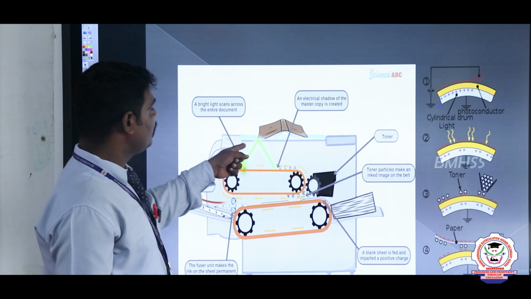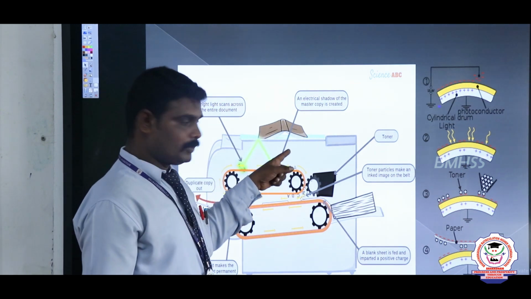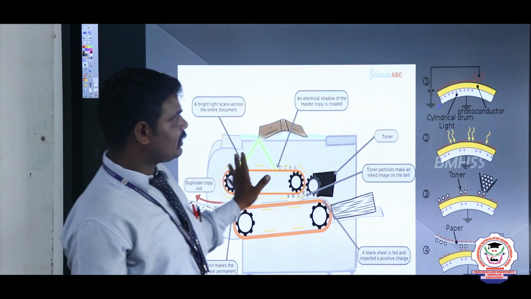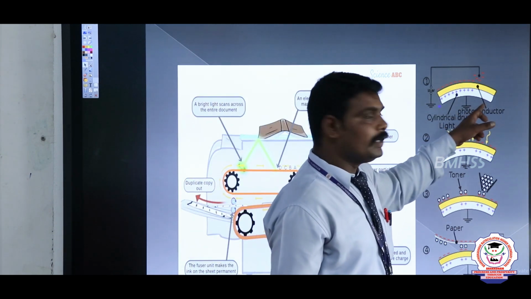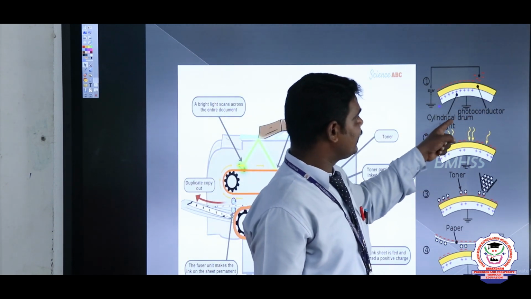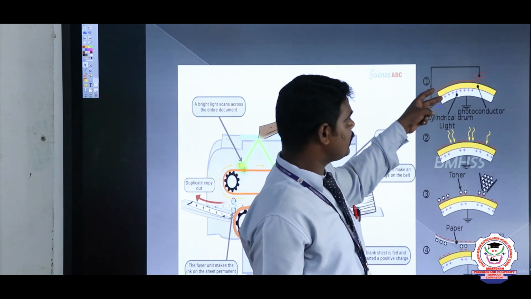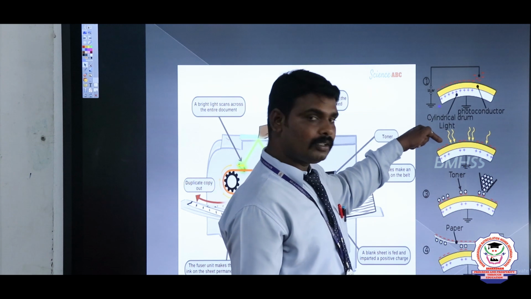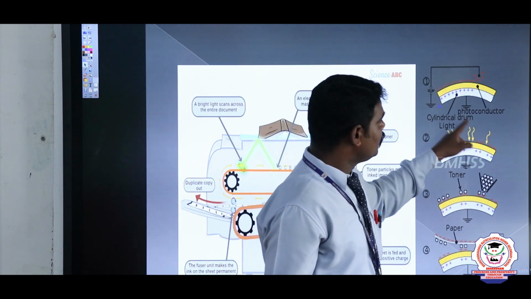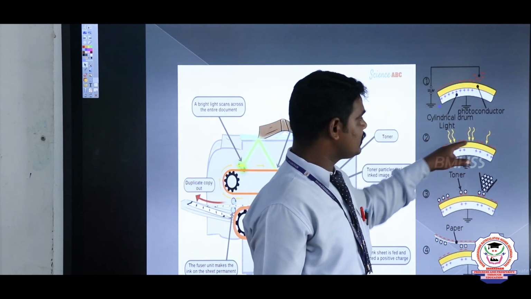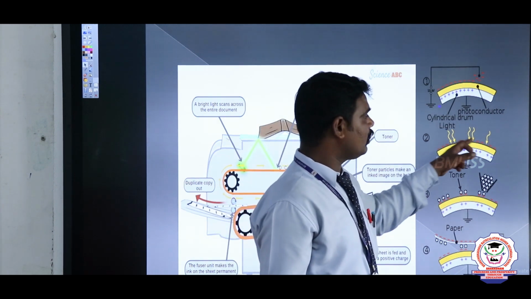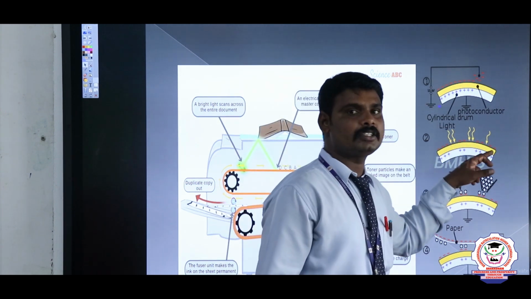The light will be reflected after scanning, and that reflected light falls on the belt, which is nothing but the photoconductor. We have a cylindrical drum where two charges are present, positive and negative. Where the light is falling or reflecting on the photoconductor, in that place the charges are removed. So here the negative charges are removed, and the remaining space is occupied by the letters.